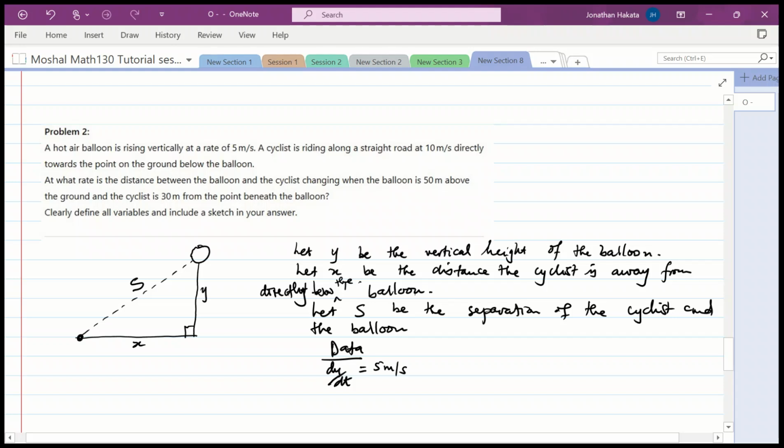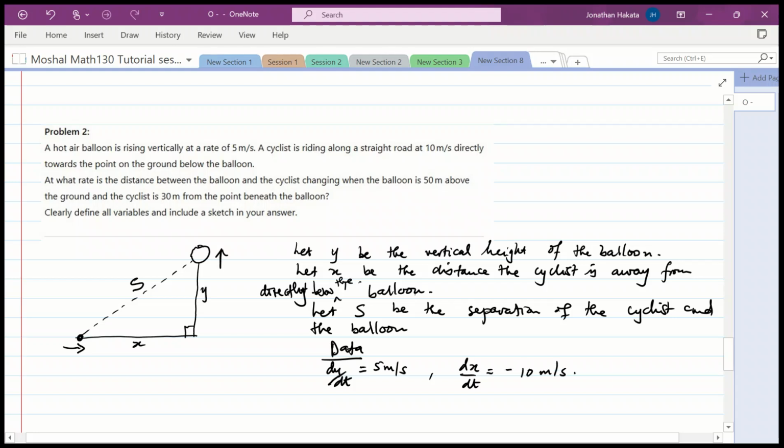Also, we are told that the rate at which the cyclist is riding towards the bottom of the balloon is dx/dt. But if this guy is going like this, you can agree that x is reducing in size, so dx/dt has to be negative 10 meters per second.